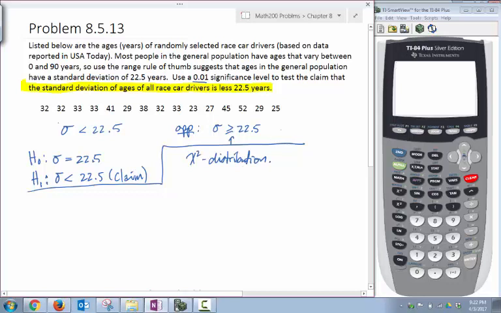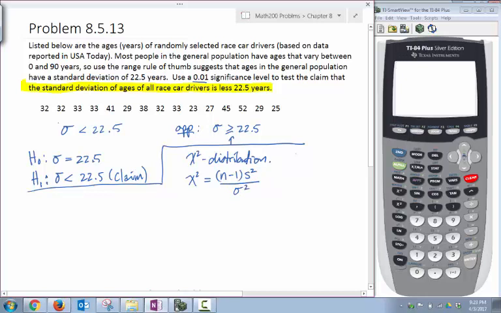Unfortunately, we don't have a nice calculator command for this test, so what we're going to do is find the test statistic by hand. The formula for the test statistic for the chi-squared test is n minus 1 times the sample variance, divided by the population variance.